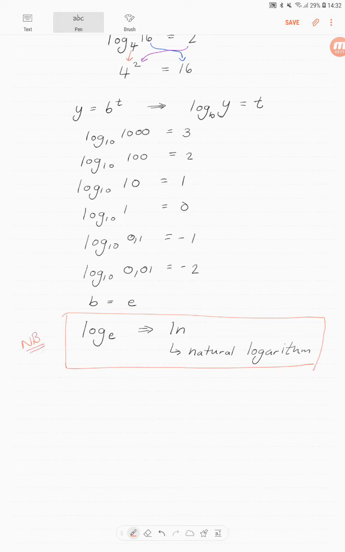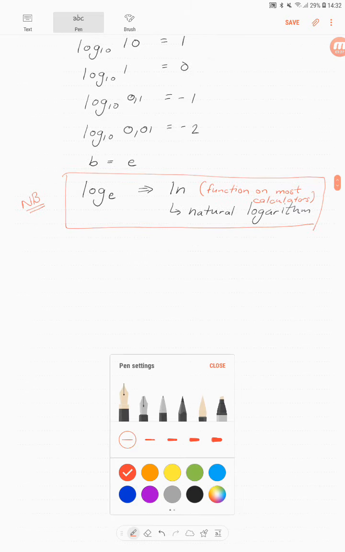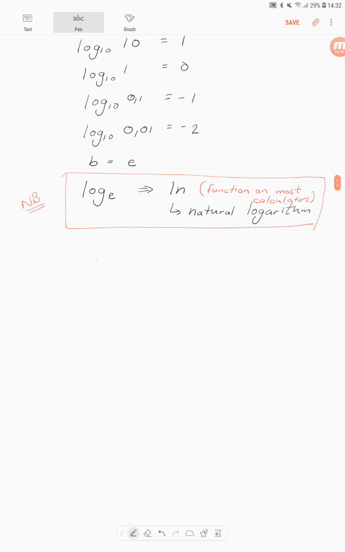There is also a function on most calculators. So why is this important? If we have y equal to e to the power of t, this is the same as t equal to ln of y.